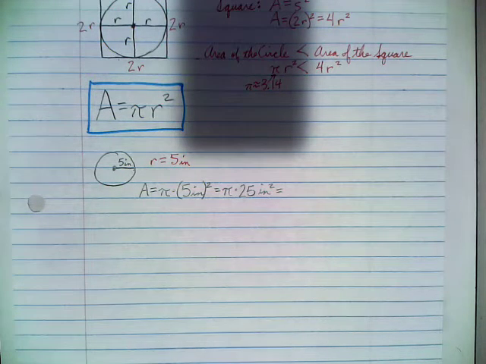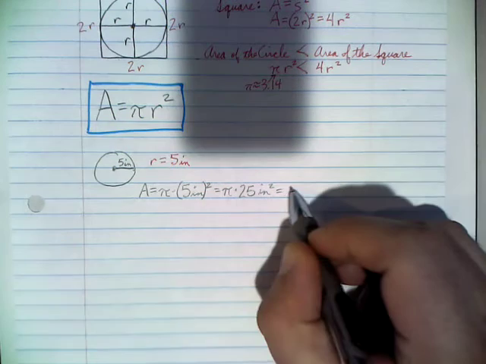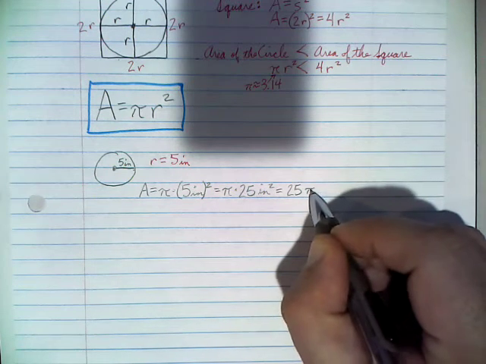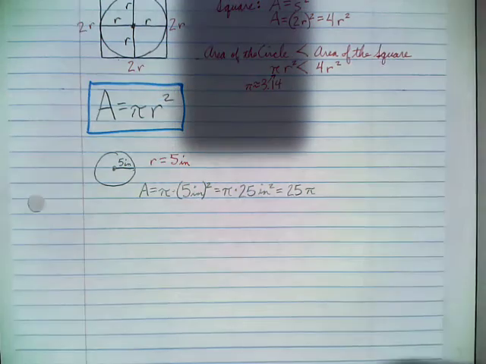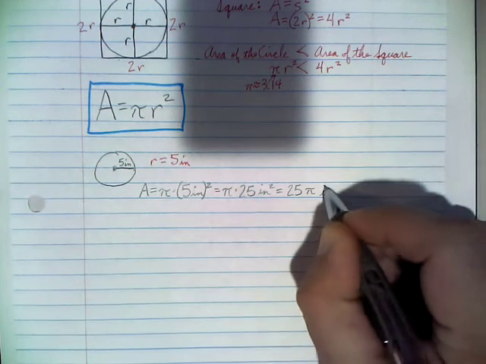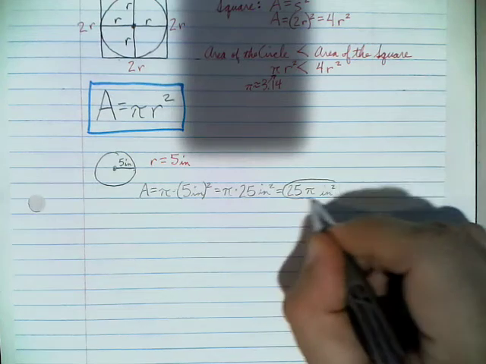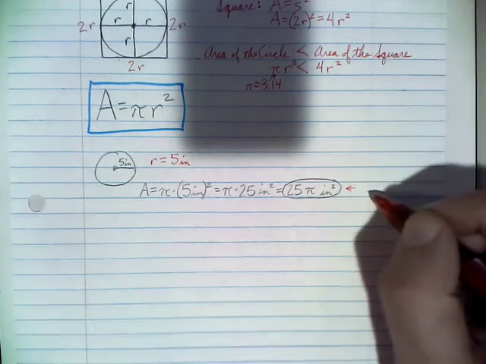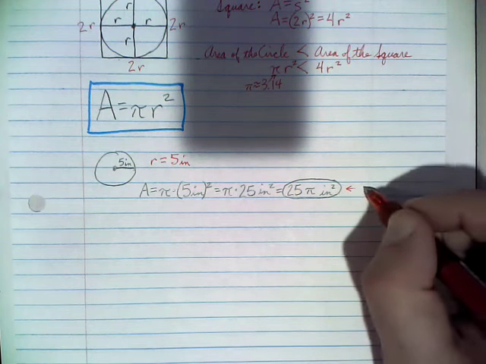But remember, it's numeric constants, symbolic constants, variables, functions, units. So that means that my numeric 25 has to go first. My symbol pi has to go next. I don't have any variables. I don't have any functions. And then last is always the units. So the exact area of the circle is 25 pi square inches.